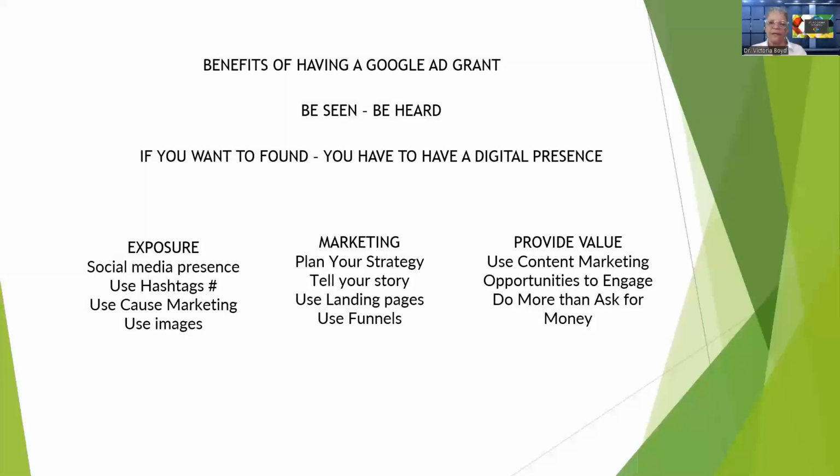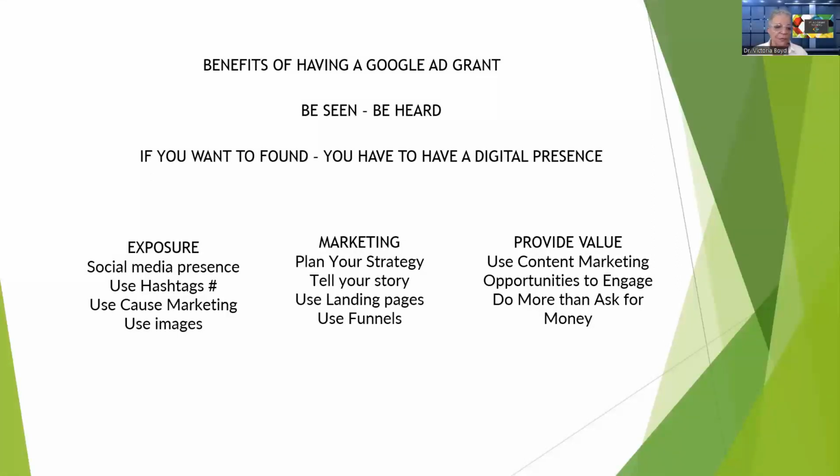Otherwise, you have to get out there and post on social media and do all of these, what I call regular tedious tasks. With a Google ad grant, once you set up ad campaigns, they're running consistently. You don't have to go in and do a repost and schedule posts and things like that. They will run consistently until you stop them.